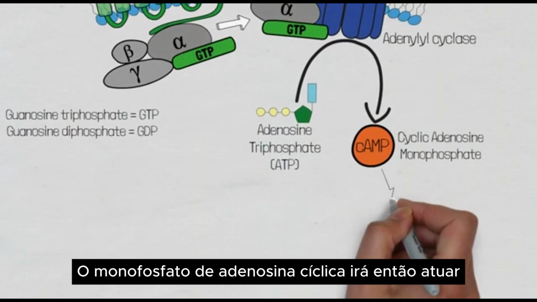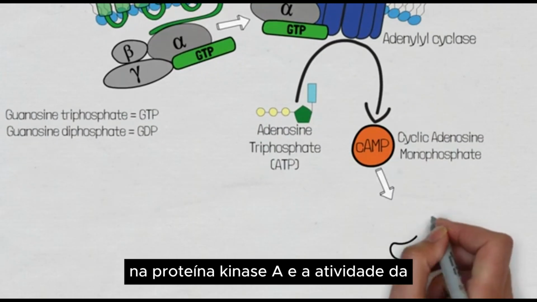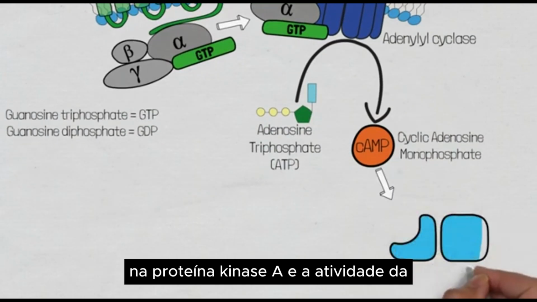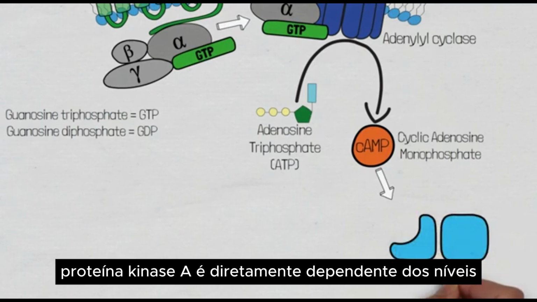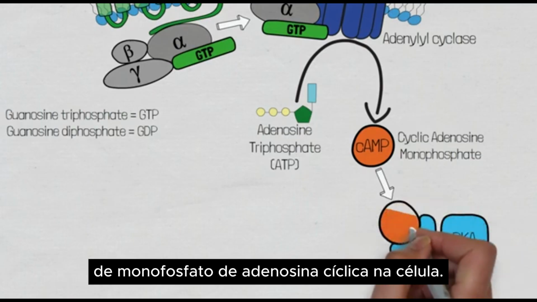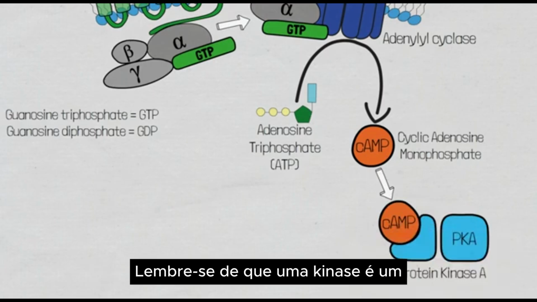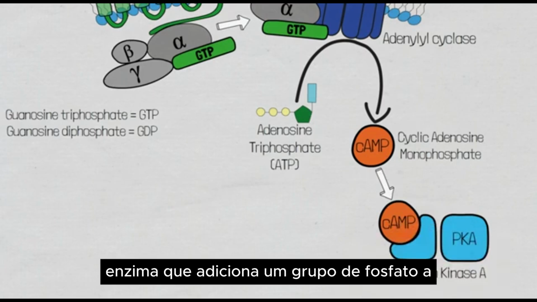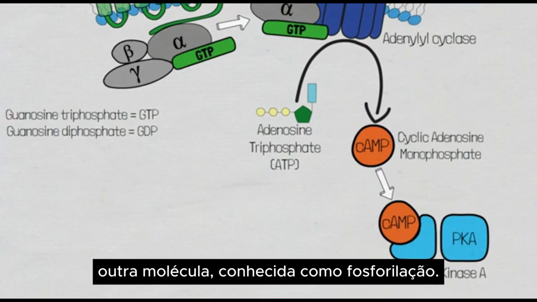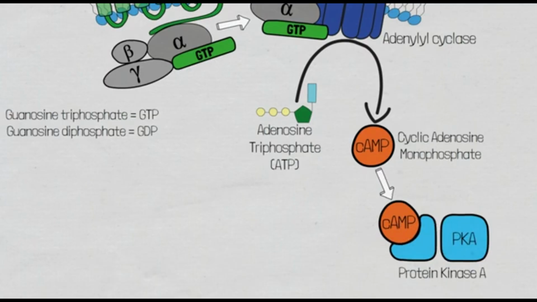Cyclic AMP will then act upon protein kinase A, and the activity of protein kinase A is directly dependent on the levels of cyclic AMP within the cell. Remember that a kinase is an enzyme that adds a phosphate group to another molecule, known as phosphorylation.